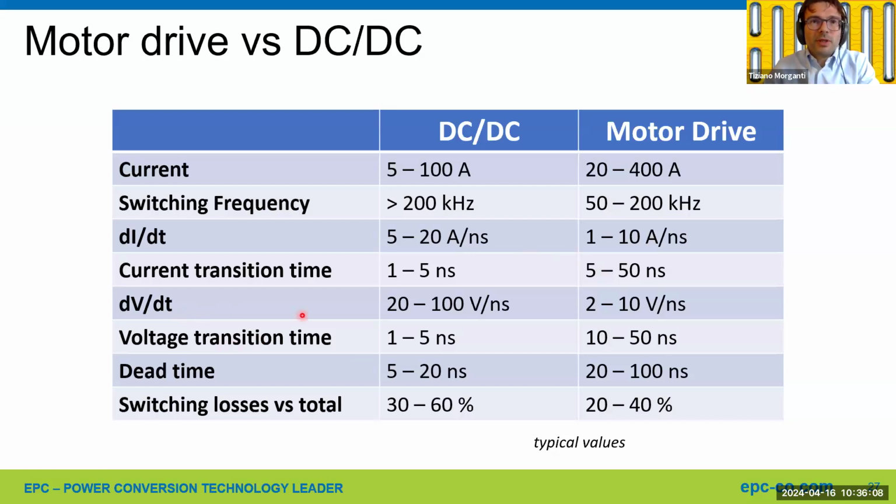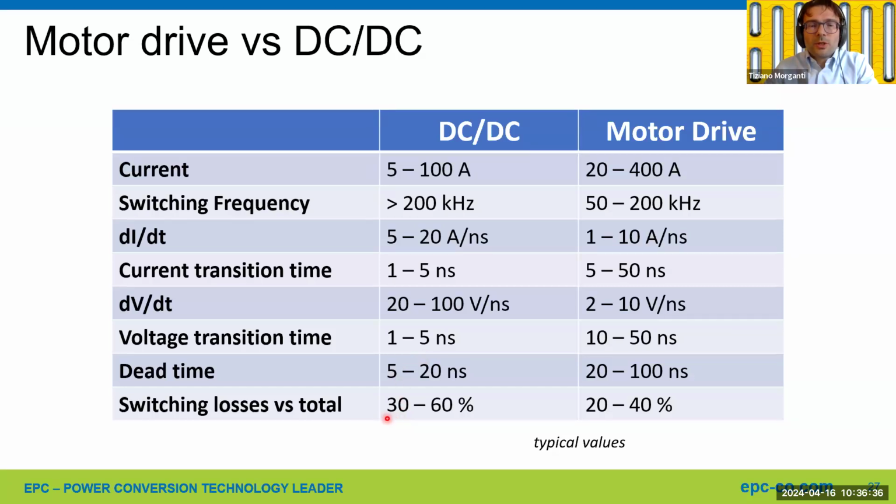Also, in terms of dV/dt, for DC-DC we are up to 100 volts per nanosecond. For motor drive, we limit the dV/dt between 2 and 10 volts per nanosecond. And also voltage transition time is a few nanoseconds for DC-DC, tens of nanoseconds for motor drive. That time is longer with motor drive, while it is kept to the bare minimum for DC-DCs.